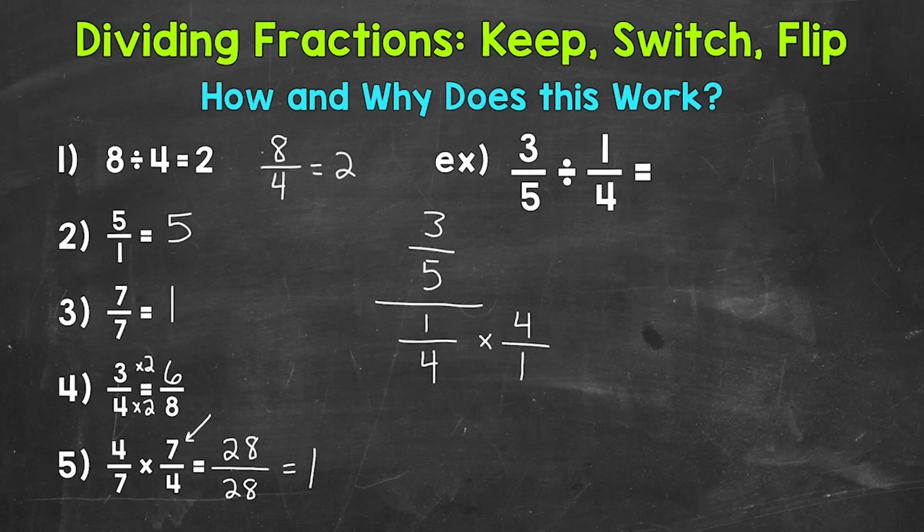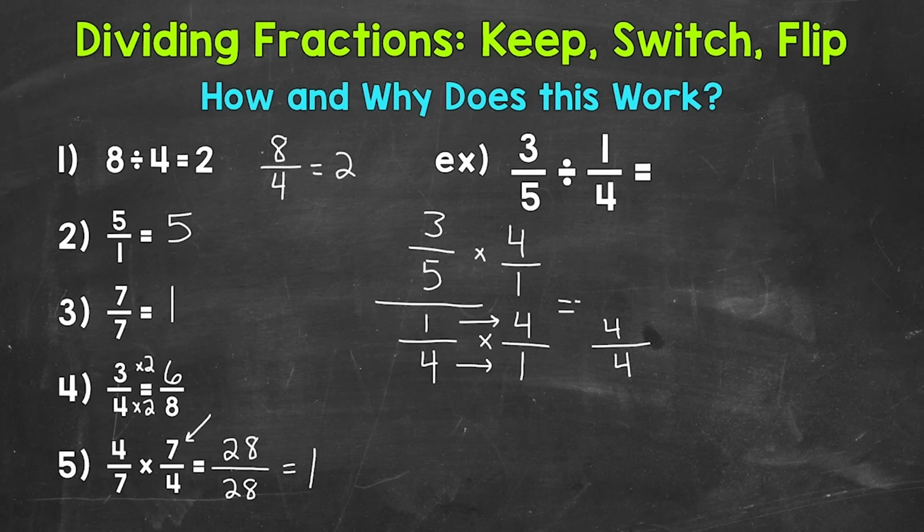So we need to multiply our numerator by 4 over 1 as well. So this is going to give us, well, 1 times 4 is 4. 4 times 1 is 4. Remember, when we multiply fractions, we multiply straight across. So again, 1 times 4 is 4, and then 4 times 1 is 4.